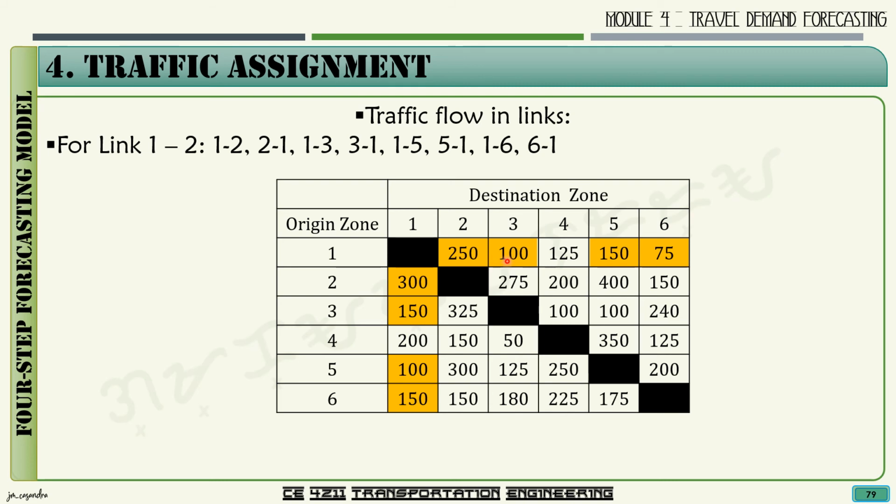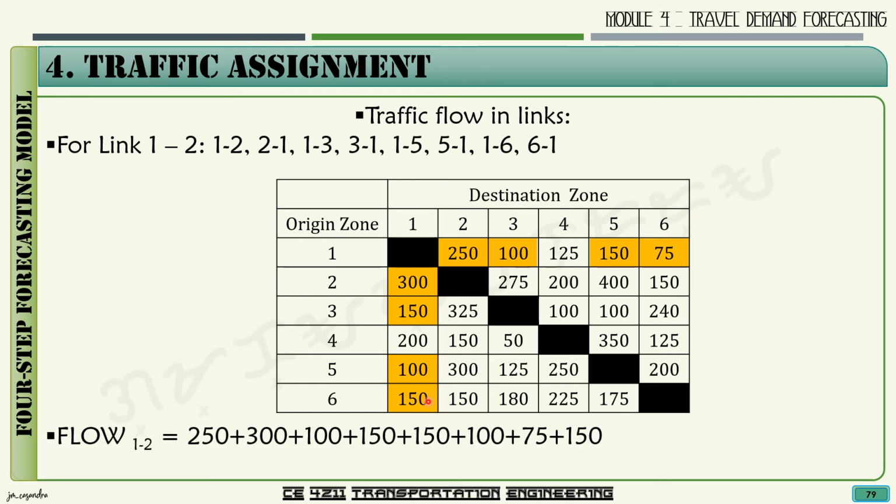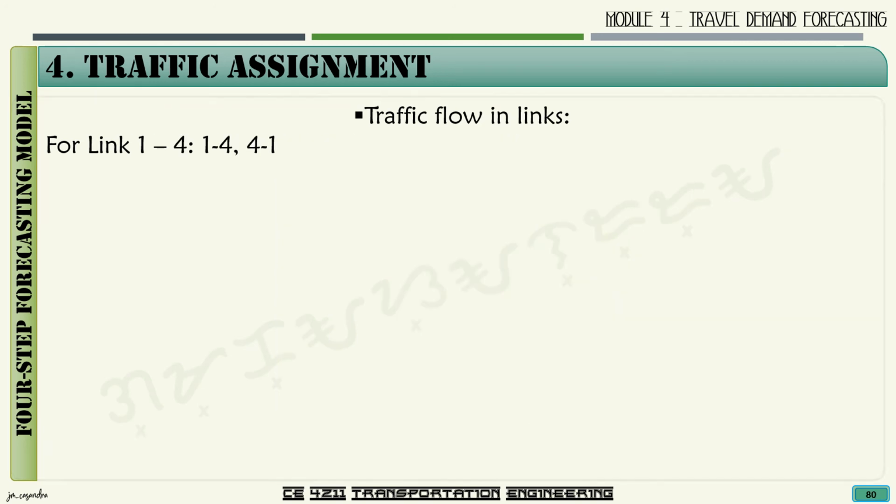From these highlighted numbers, we simply add them up. The total flow for link 1, 2 is now equal to 250 plus 300 plus 100 plus 150, 150, 100, 75, 150, which is equal to 1,275. So this is the total flow for link 1 to 2.